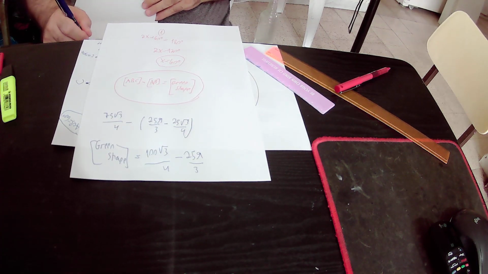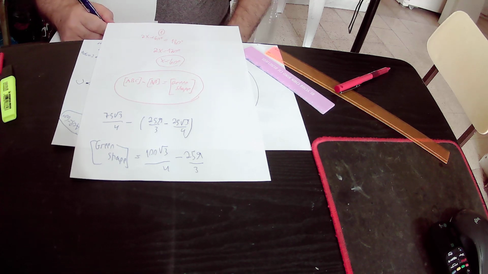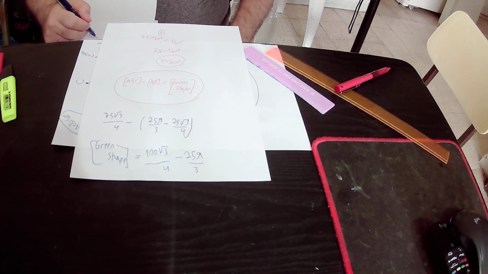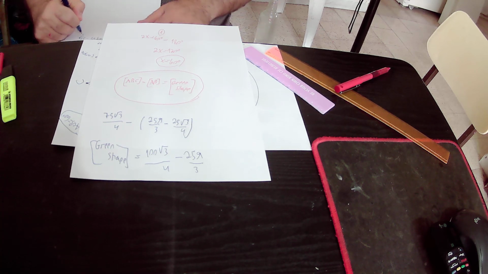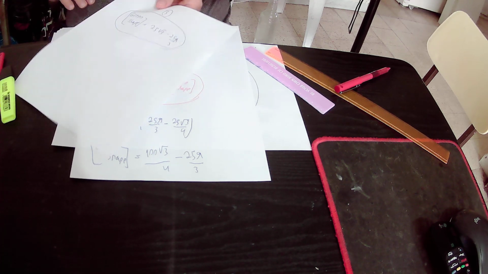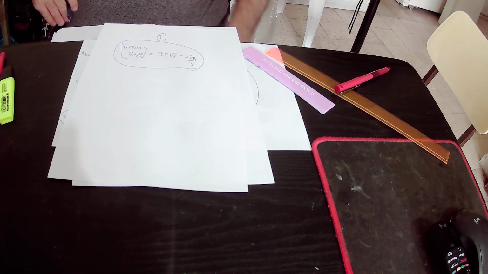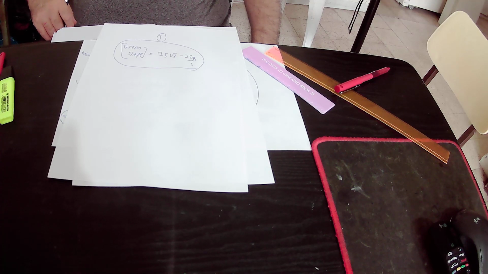Here 100 over 4 is 25. So the area of the green shape will be equal to 25 times root 3 minus 25 pi over 3 square units. Again, the area of the green shape is 25 times root 3 minus 25 pi over 3 square units.